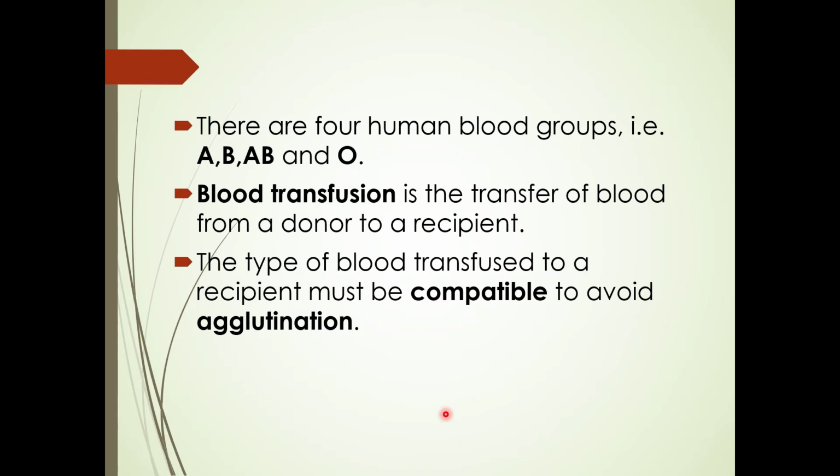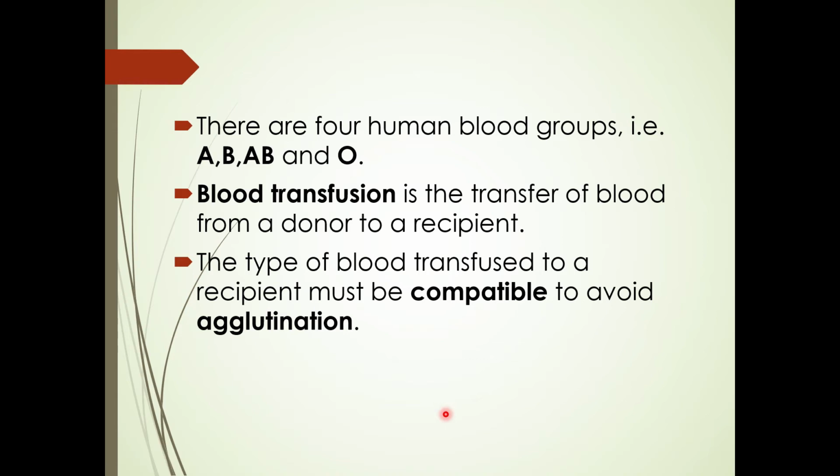So blood transfusion is the transfer of blood from a donor to a recipient. The type of blood transfused to a recipient must be compatible to avoid agglutination. So this one you have to remember. That means we cannot simply donate blood to anyone.